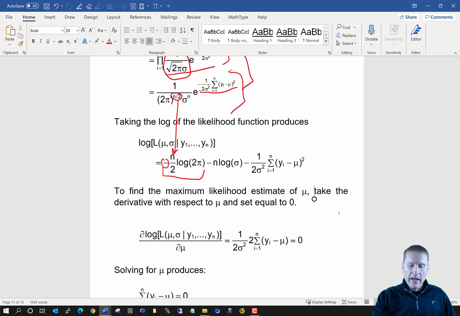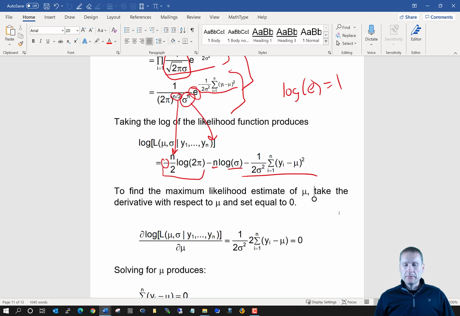Then I also have negative n times the log of sigma. So it comes from there. And then lastly, because I have e here, notice how we have this really nice simplification. Now I just have negative 1 over 2 sigma squared times that sum. So of course, the natural log of e is equal to 1. Okay.